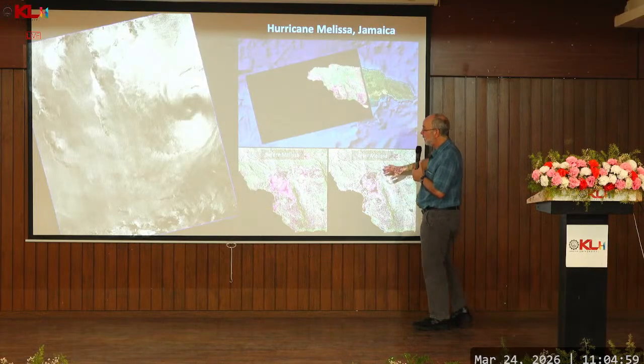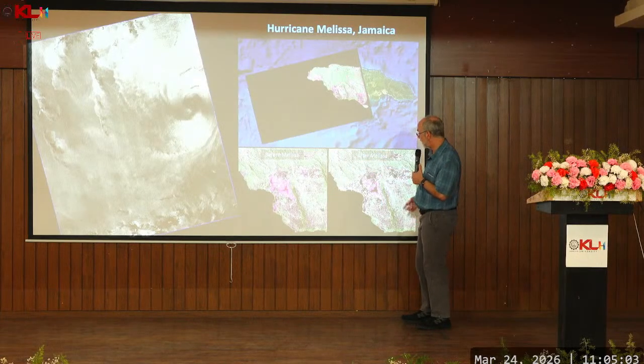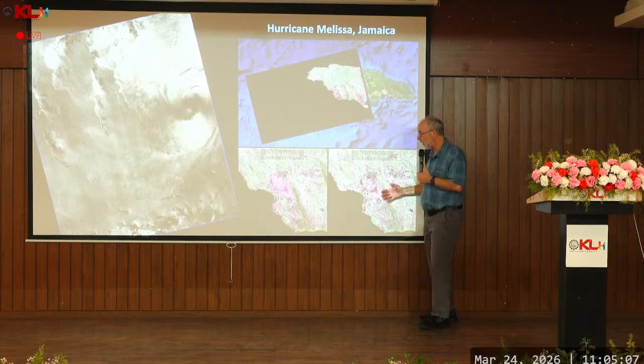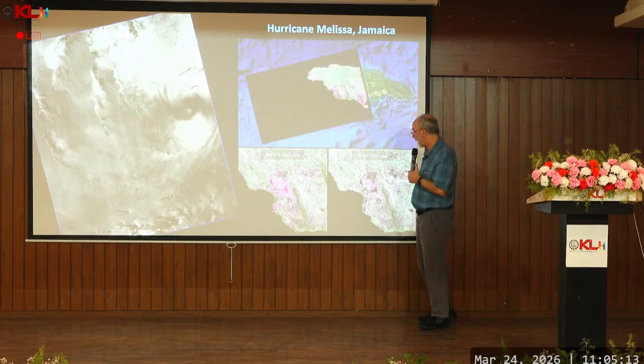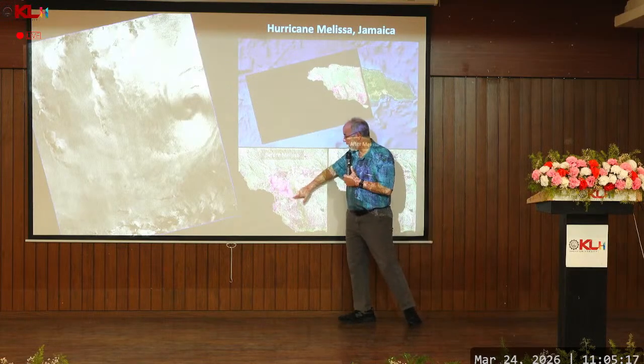You can also use the signal over land at two different time steps to look at changes in the surface that allow us to track, for example, where flooding may have occurred because of a hurricane passing over that area. You can see here and here, it's a very different signature.